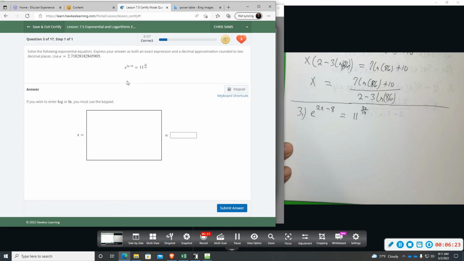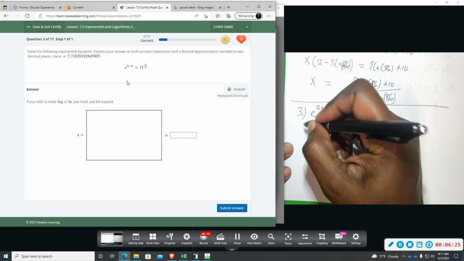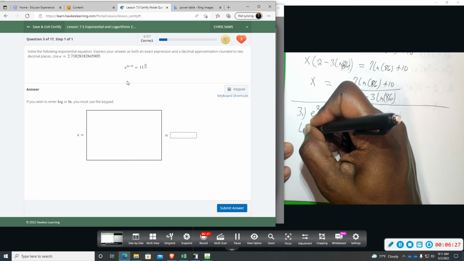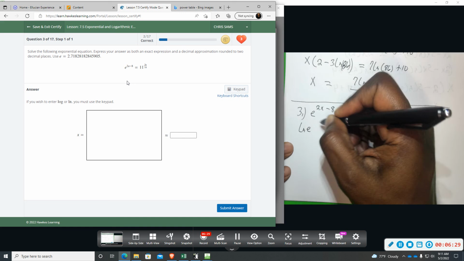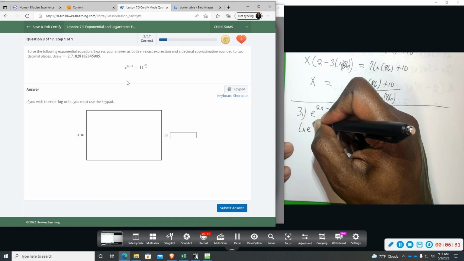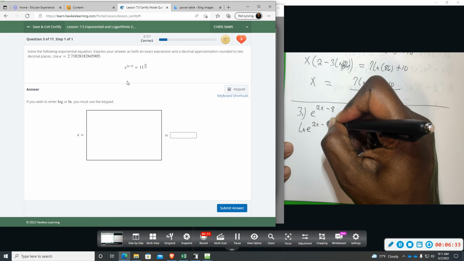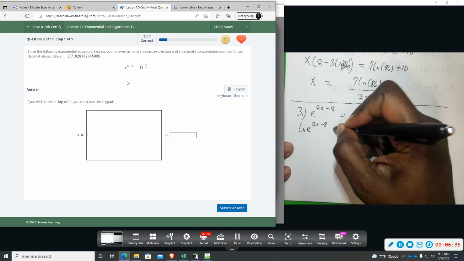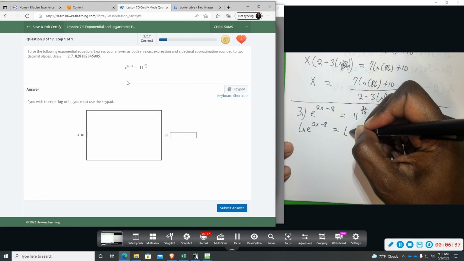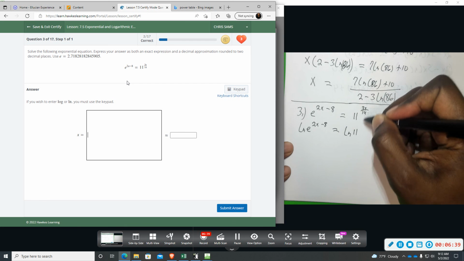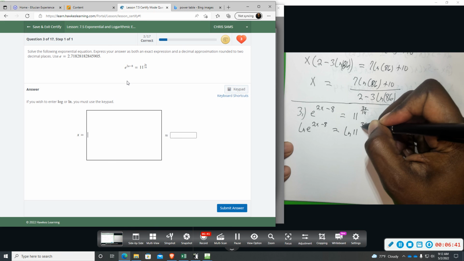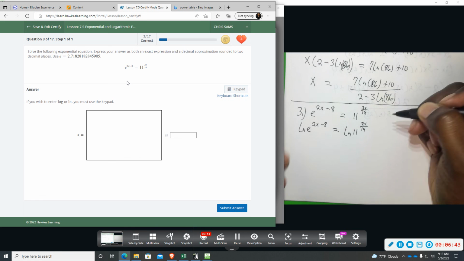All right, so still we're going to take the log of both sides, or the natural log that is. So ln of e gives us 2x minus 8 power. Then on the other side we have ln of 11, and we have our 3x divided by 14 power.